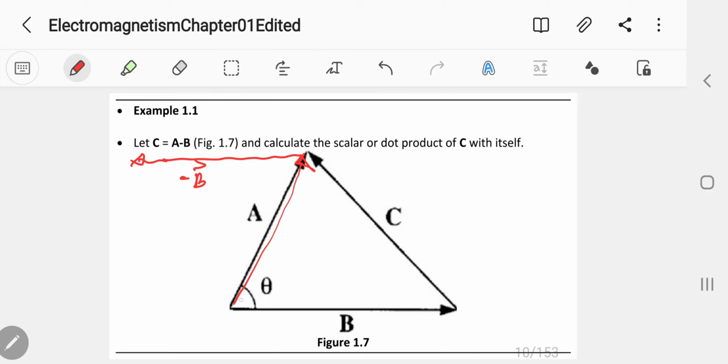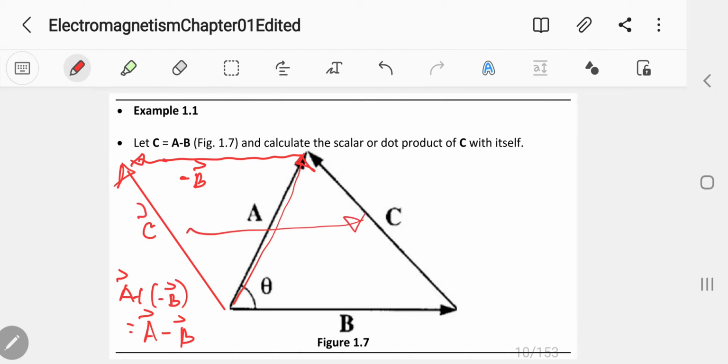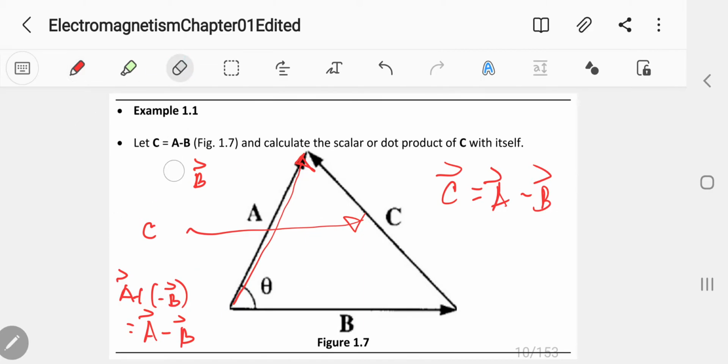So here is the sum of A plus negative of B, or this is equal to A minus B. So C here, this is also equal to C, this one here. So C is equal to A minus B in this figure.